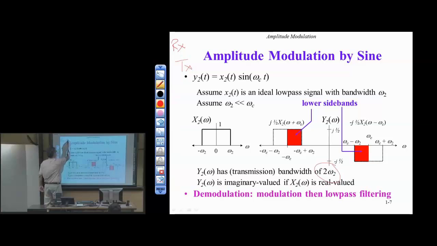Y2 of t, multiply by a sine, and I follow this by a low-pass filter to pick off the baseband, and I have an estimate of x2.